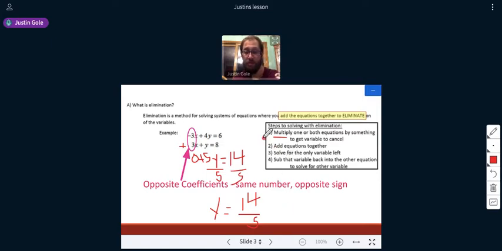That's substitution. So our steps are: we check, we multiply by something if we have to, we didn't have to, then we add right down the line. We add the numbers, the x's and the y's. So our equations should be in standard form for this. And then we solve for the variable that's left, and we substitute that variable back into the equation to solve.